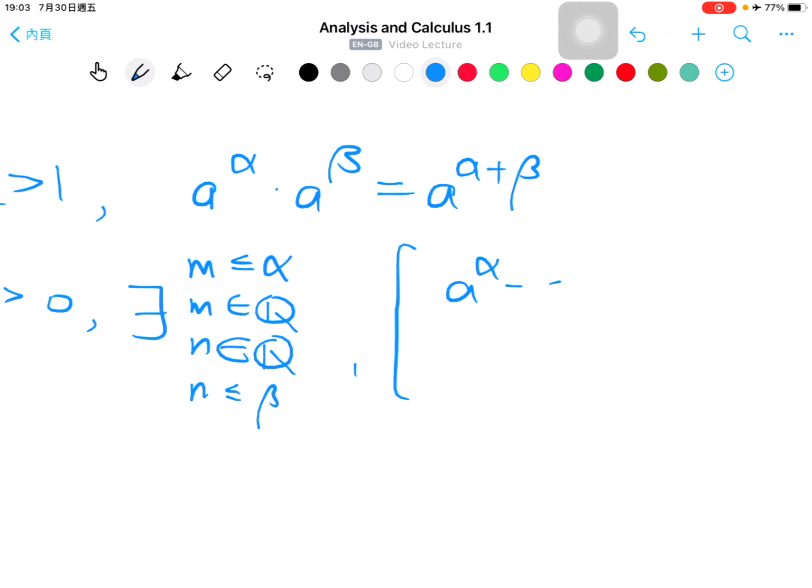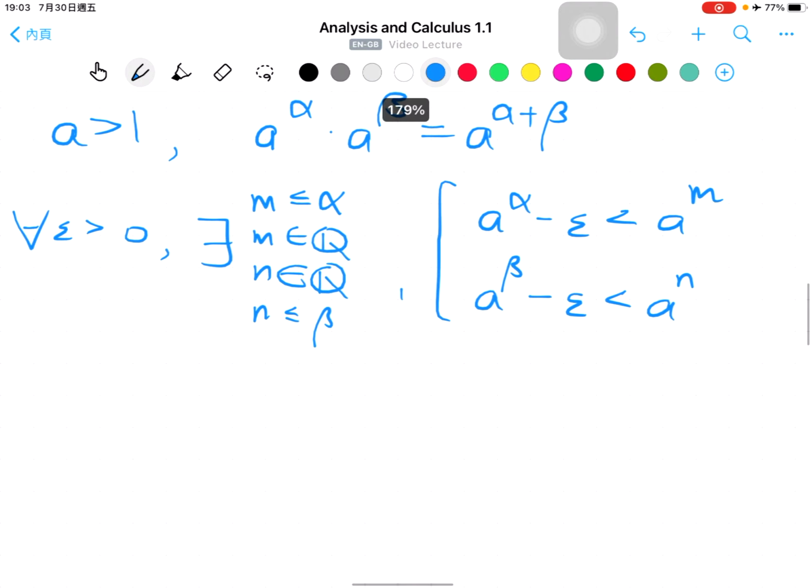a to the alpha minus a little bit, it's defined as the supremum, right? Supremum minus a little bit is going to be smaller than a to the m, something in the set. A to the beta, again, the supremum, minus epsilon smaller than something in the set, a to the n. Now, m and n are what? Are rational numbers.